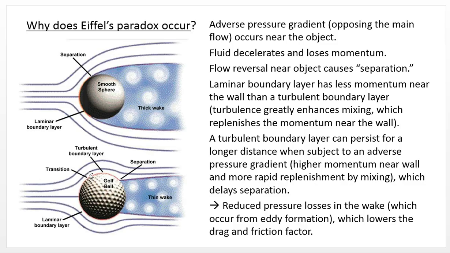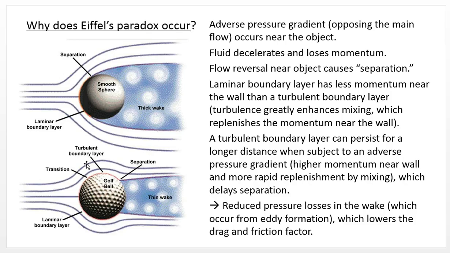The cross-stream mixing due to the turbulent fluctuations enhances momentum transfer perpendicular to the wall, and it smooths out the velocity profile. So a laminar boundary layer has less momentum near the wall than a turbulent boundary layer does. Consequently, this adverse pressure gradient that's pushing from right to left near the surface of the object will decelerate and stop the fluid in a laminar boundary layer much more rapidly than it would for a turbulent boundary layer.